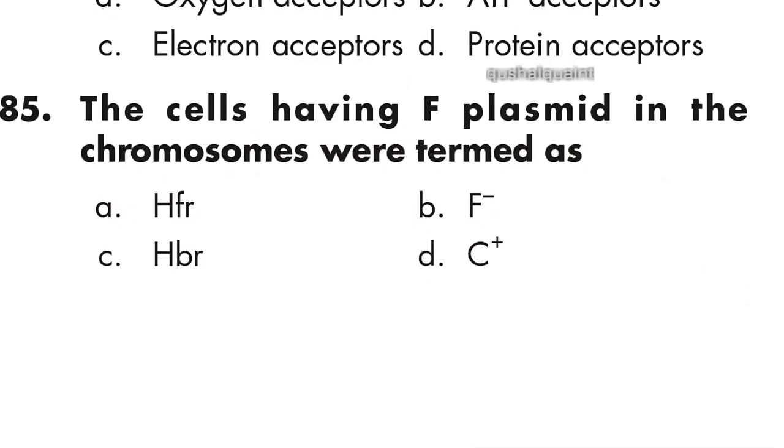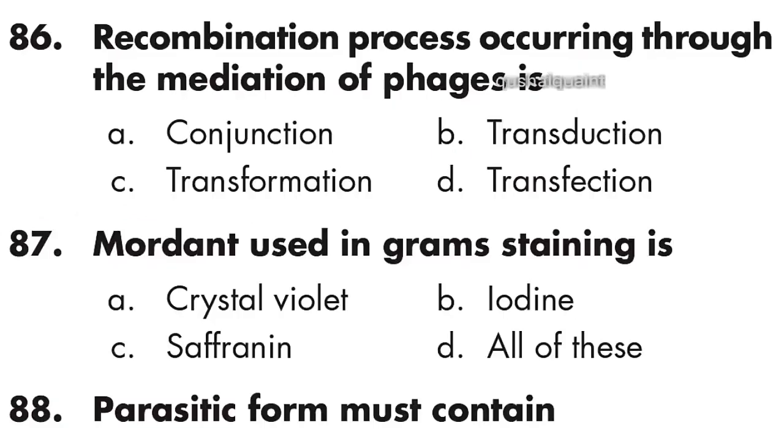Question 85: the cell having F plasmid integrated in the chromosome is termed as Hfr. Option A is right, Hfr. Question 86: recombination process occurring through the mediation of phage is transduction.